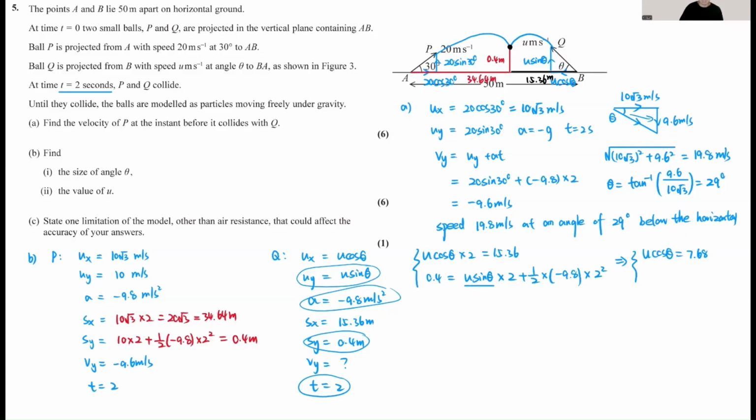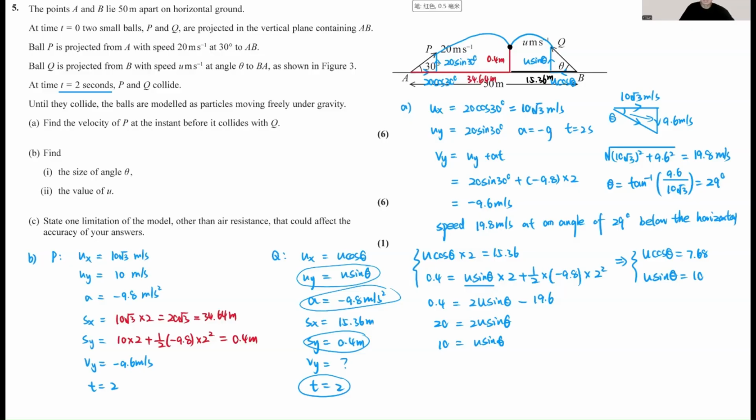So rearranging this one, we have 0.4 equal to 2 times U sin theta, and then minus 0.5 times 9.8 times 2 squared, 4. So that should be minus 19.6. So then 0.4 plus 19.6 is equal to 20. So 20 is equal to 2U sin theta. Then divide by 2, so 10 equal to U sin theta. So we have our second equation: U sin theta is equal to 10.